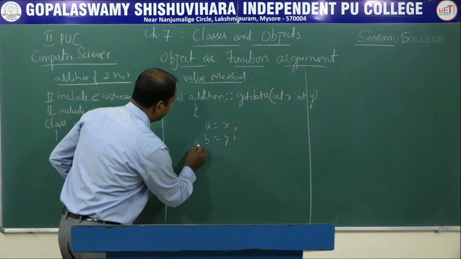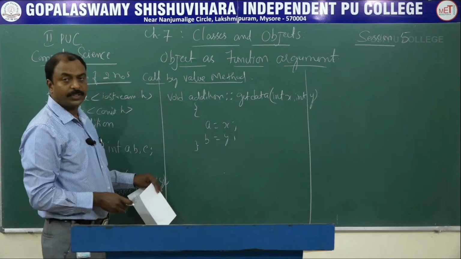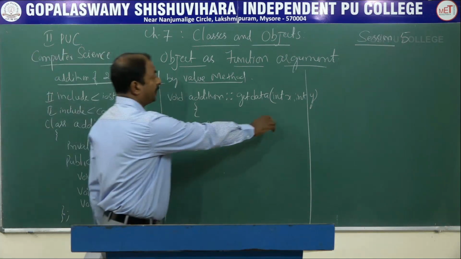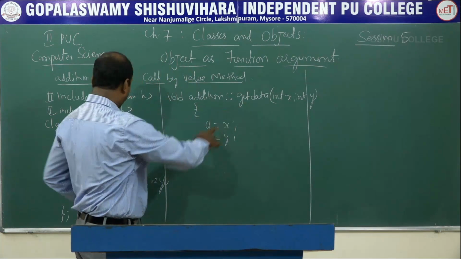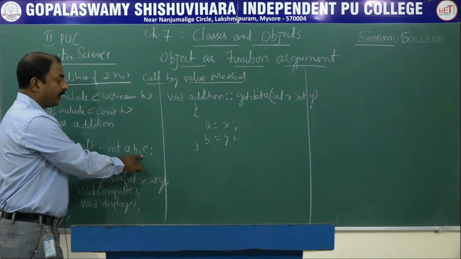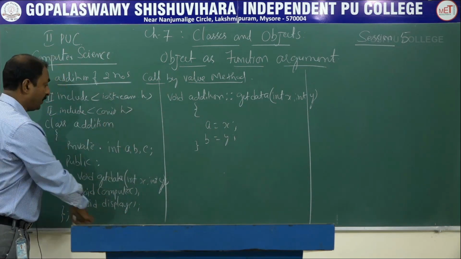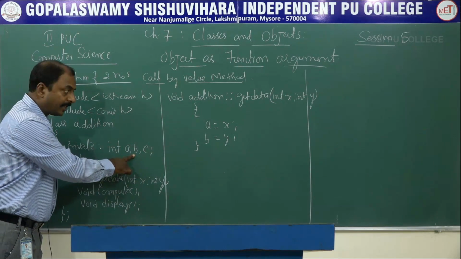I'm closing this. Just make a note at this stage: x and y are the variables declared for the function getdata, and a and b are class variables declared inside the class.